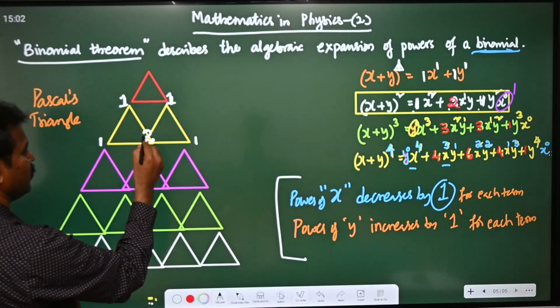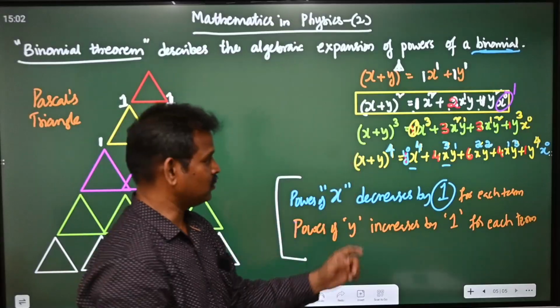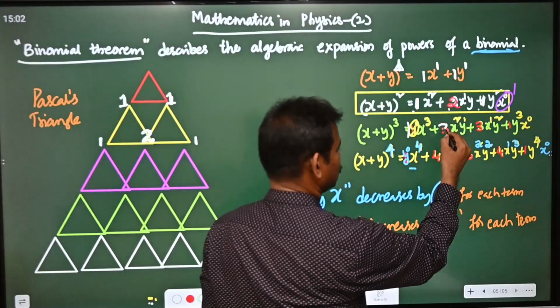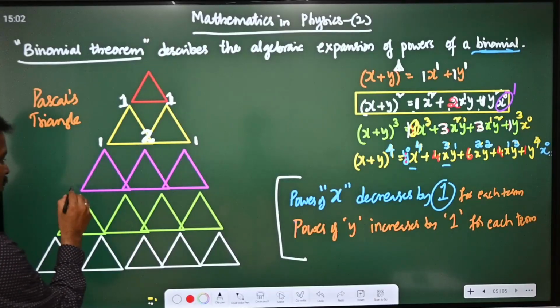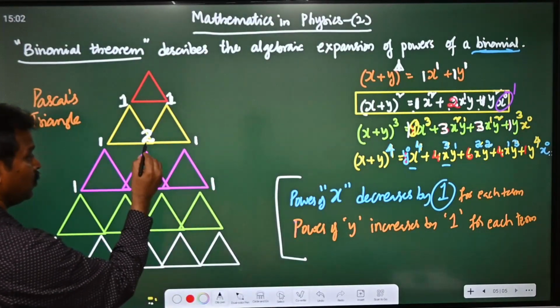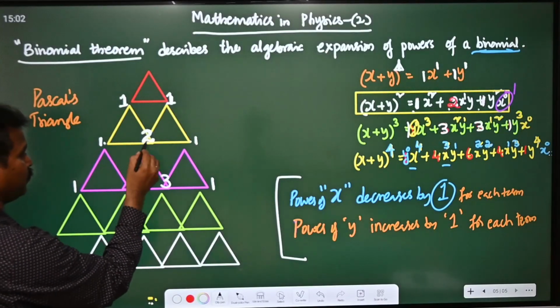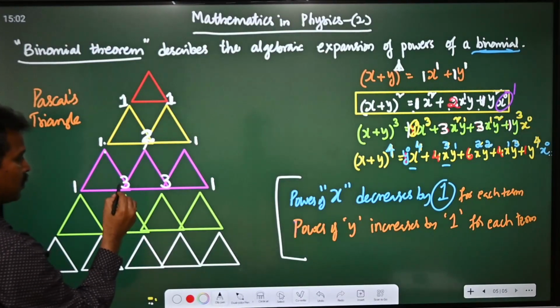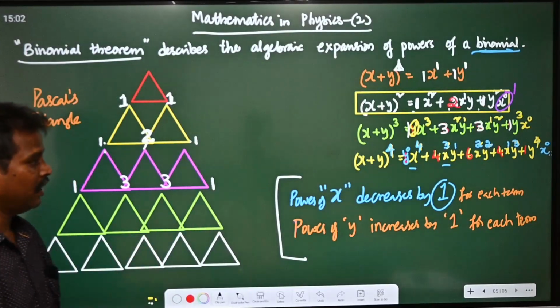So this is the middle term 2. And then the next coefficients: 1, 3, 3, 1. I am writing first this term 1, this term 1, 2 plus 1 together we will get 3 here. Similarly 1 plus 2 together we will get 3 here. So these are the coefficients in the x plus y whole cube expansion.